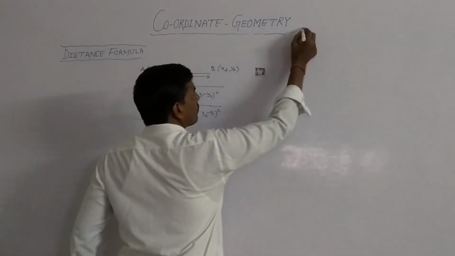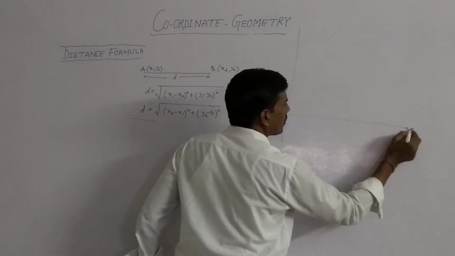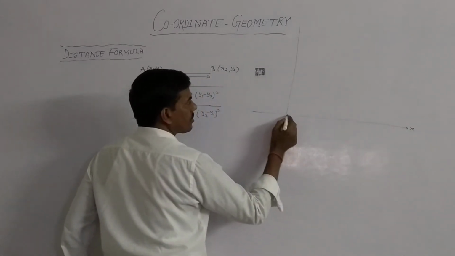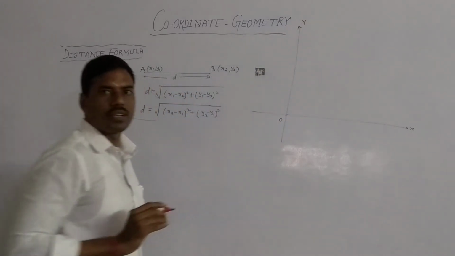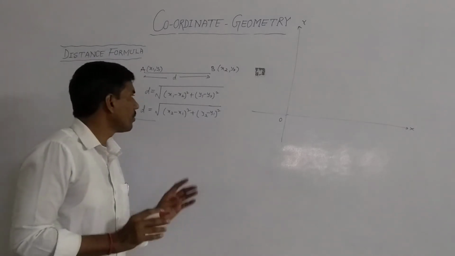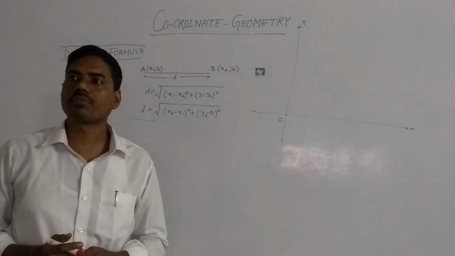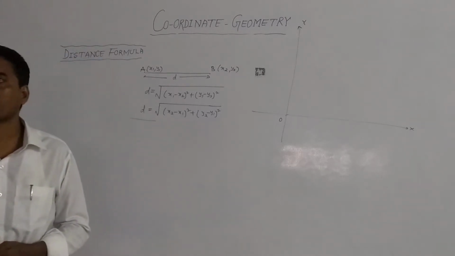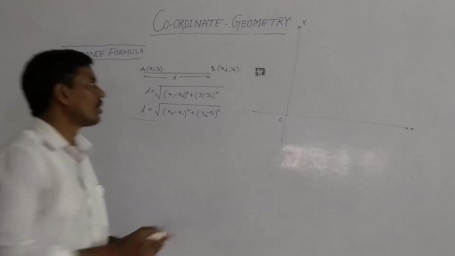If we draw, we know that this one is the x-axis, this is the origin, and this is the y-axis. Okay, students, clear? Now we plot point A, whose coordinates are x1, y1, on the xy plane.